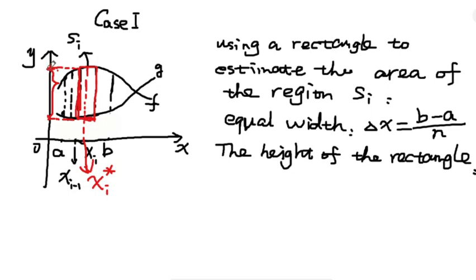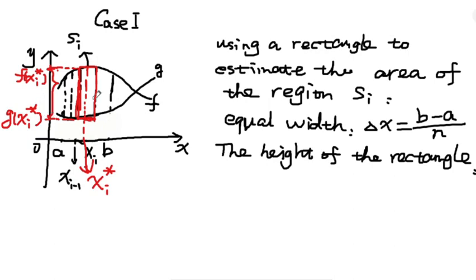What is the value here? When x is xi star, the function value on the function f will be f of xi star. And what is the function value here? When x is xi star, the function value at the curve g will be g of xi star.